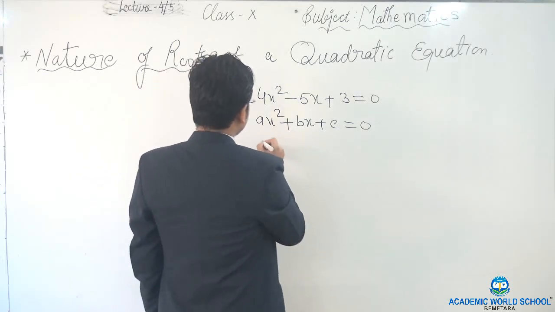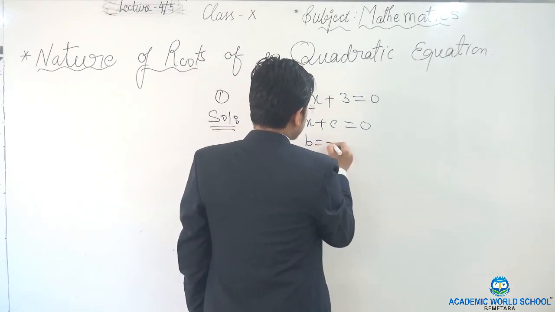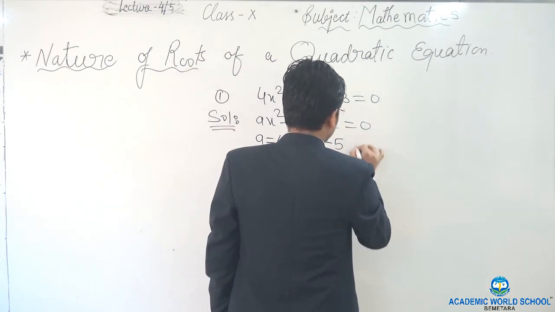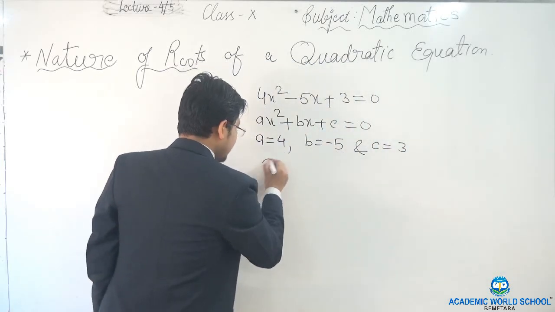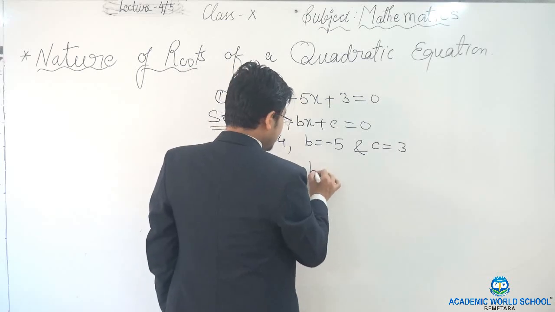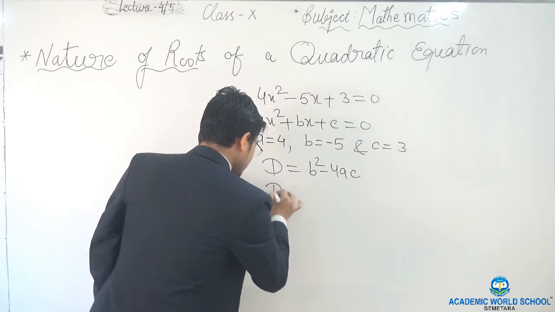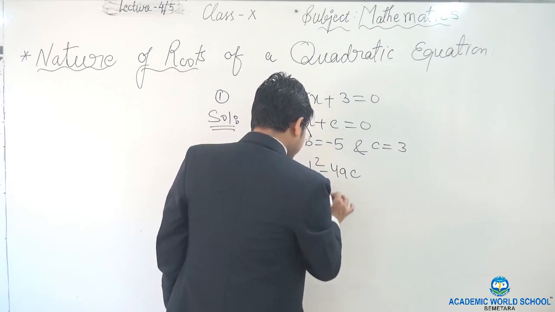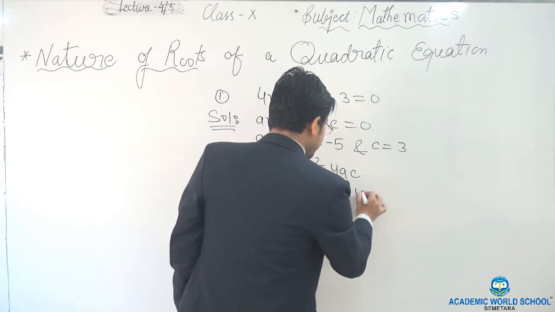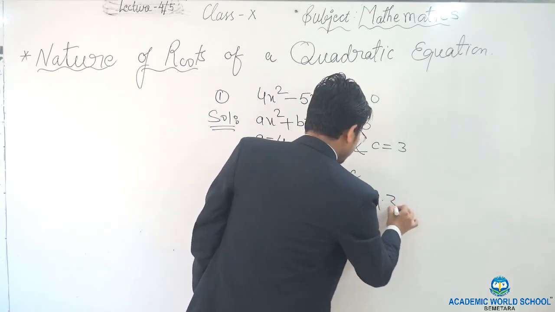So I get a is equal to 4, b is equal to minus 5, and c is equal to 3. Now I need to find the value of D. D is equal to b square minus 4ac. The value of b is minus 5, so minus 5 square minus 4 into a, that is 4, into c, that is 3.